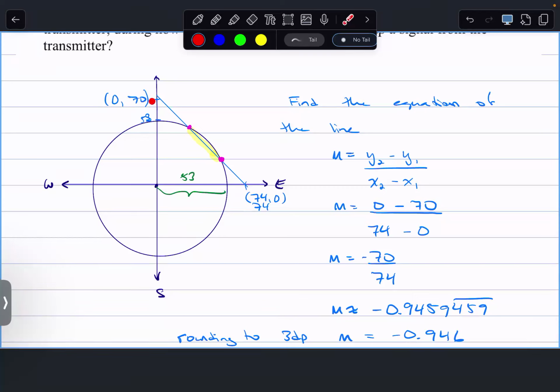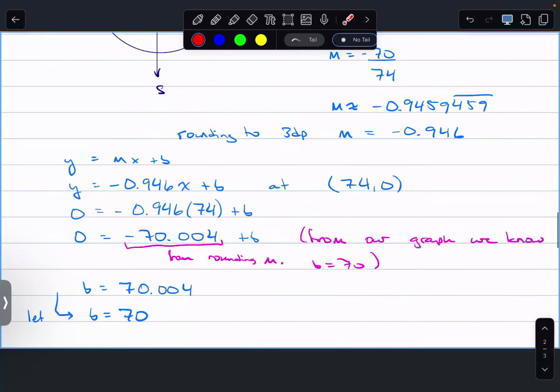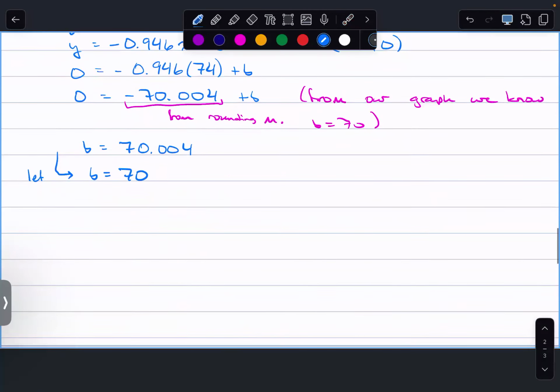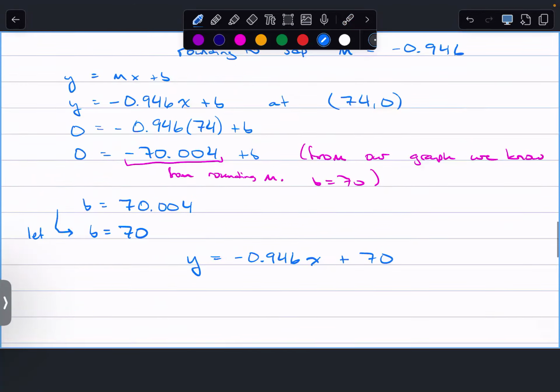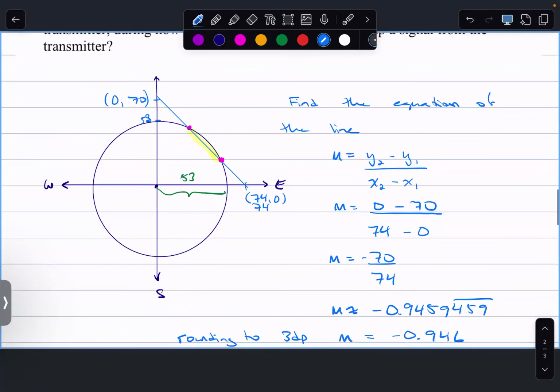Your goal is to find the equation of the line. Okay, so then y is negative 0.946 x plus 70. That's the equation of this line that we drew.